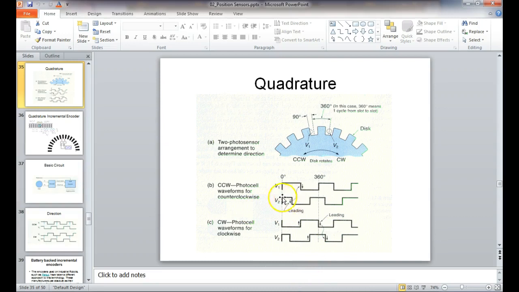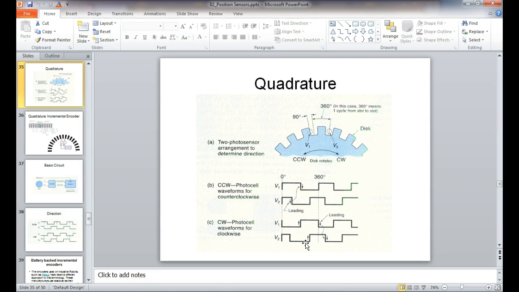So depending on the direction that it's turning, so here this channel is occurring first, so it knows we're turning clockwise, counterclockwise. If the other one occurs first, it knows it's turning what? Clockwise. So depending on which way these things are offset, it knows which direction.